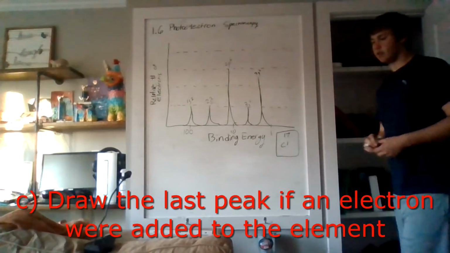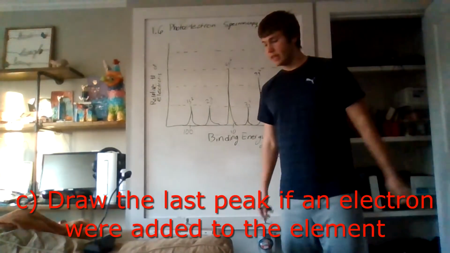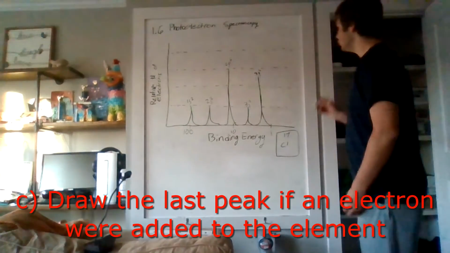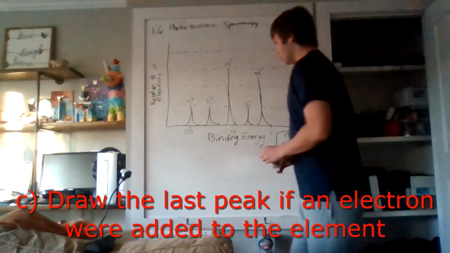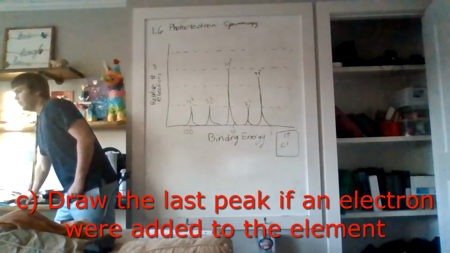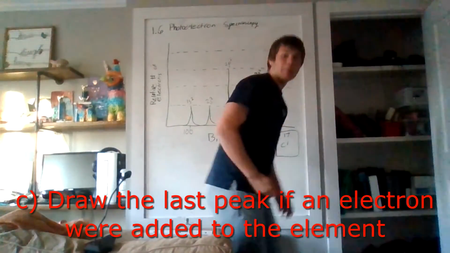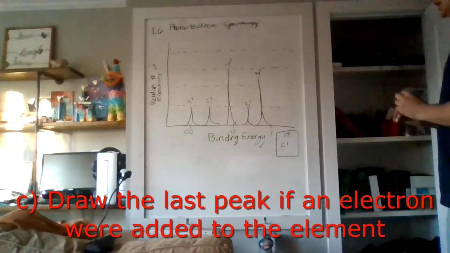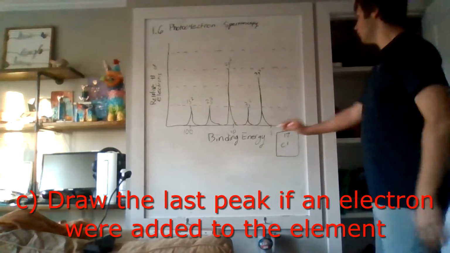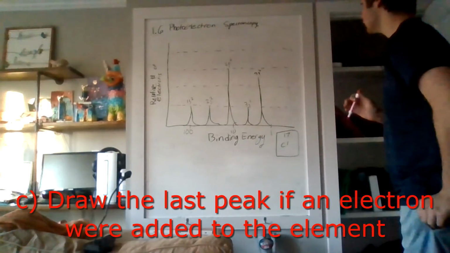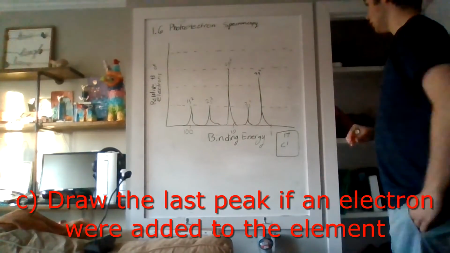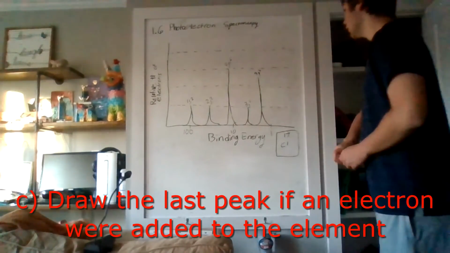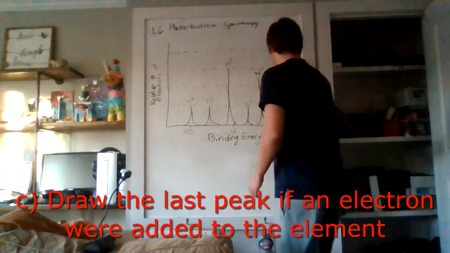And now, for part C, if the element gained an electron, draw another peak representing where that peak would be. And if it gained an electron, based off of binding energy, binding energy would decrease.